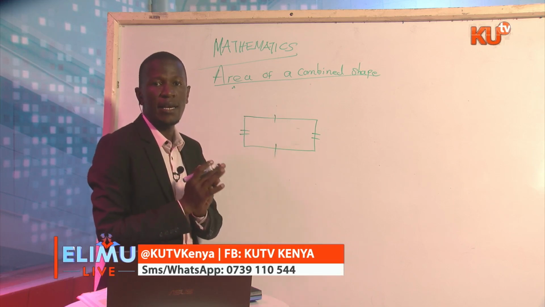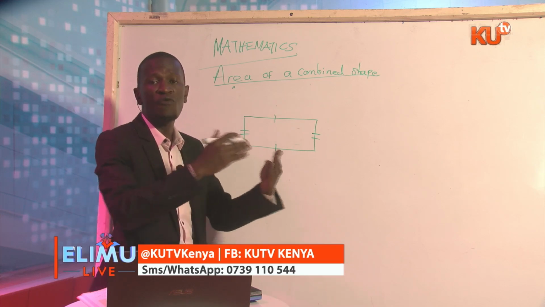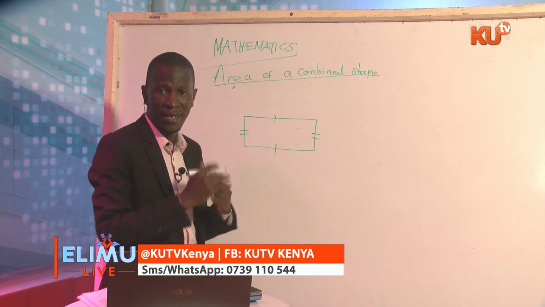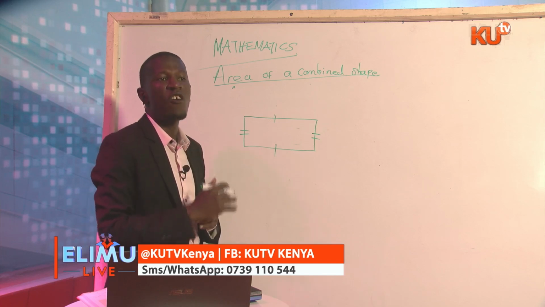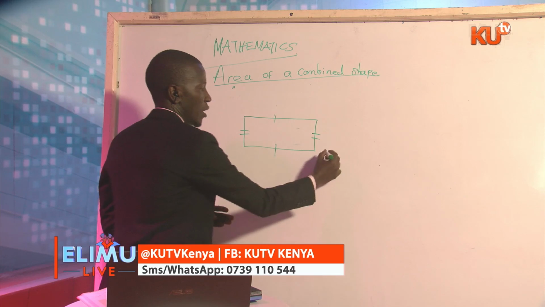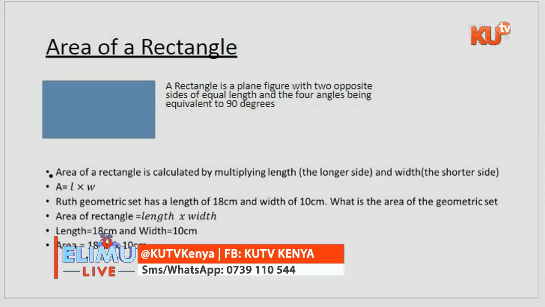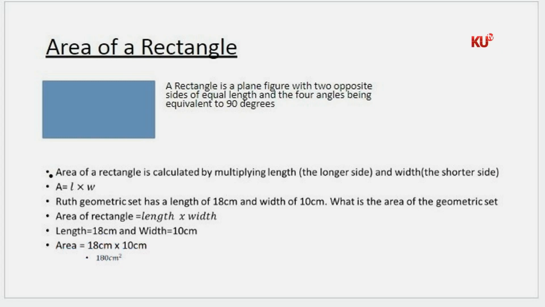After knowing that, the second property is now how to find its area. How do we get the area of a rectangle? Area of a rectangle is equal to length times width.